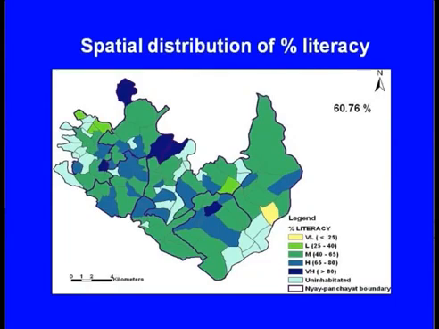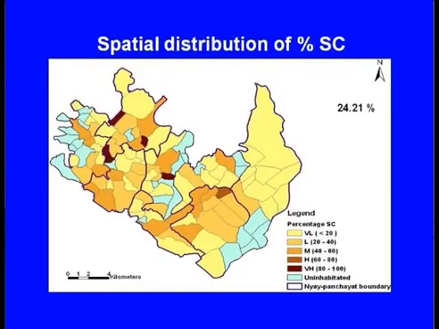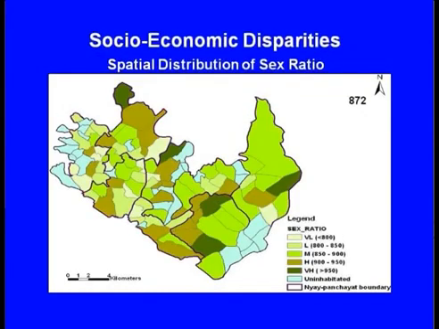Similarly, what we find is that the percentage literacy is of the order of about 61%, while the female literacy is of the order of about 46%, and the percentage of scheduled caste population is about 24%. The sex ratio in this particular area is 872.